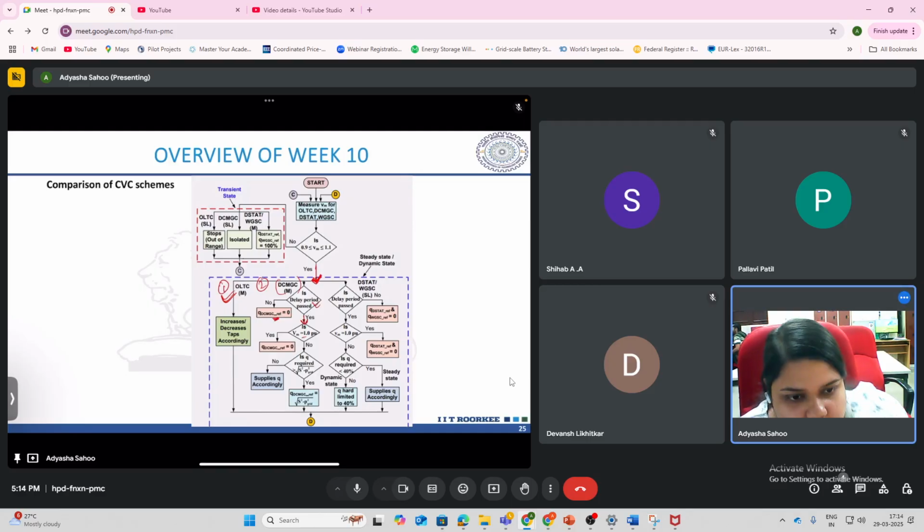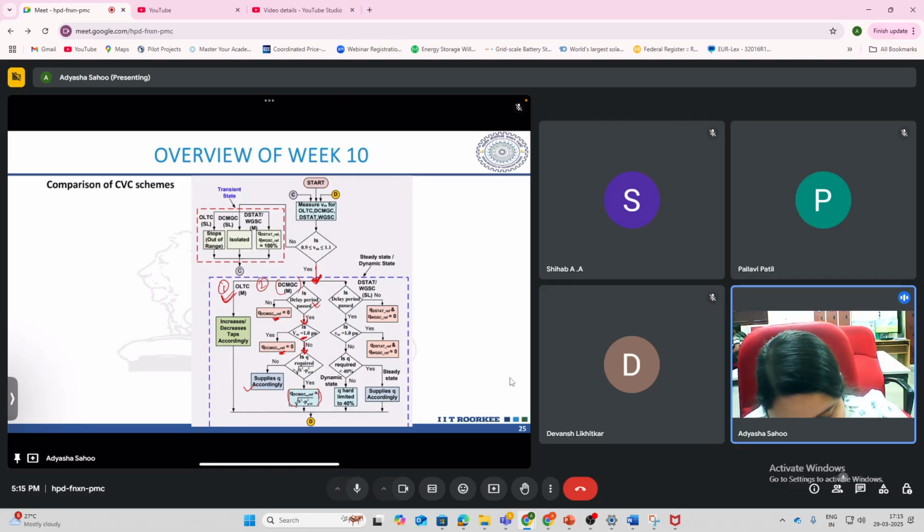If the voltage is at 1 per unit, you do not require any Q. But if the voltage is not at 1 per unit, you then check the required reactive power. If the reactive power is available, the DC microgrid will supply it, and if not, then it will supply according to the need.